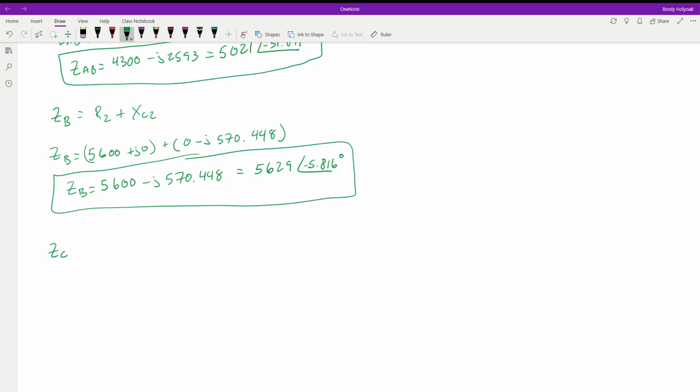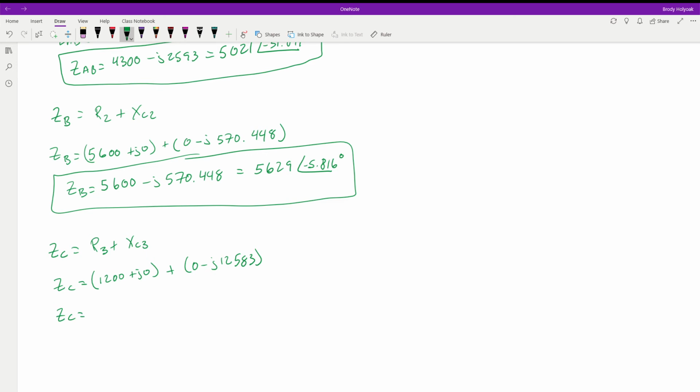And then ZC is going to be R3 plus our reactance for capacitor 3. And that is equal to 1200 plus j of 0 plus 0 minus j of 12,583.